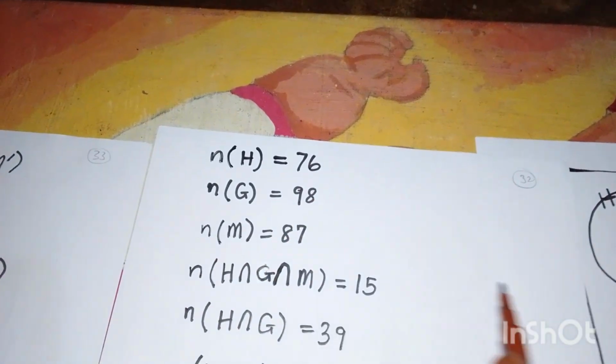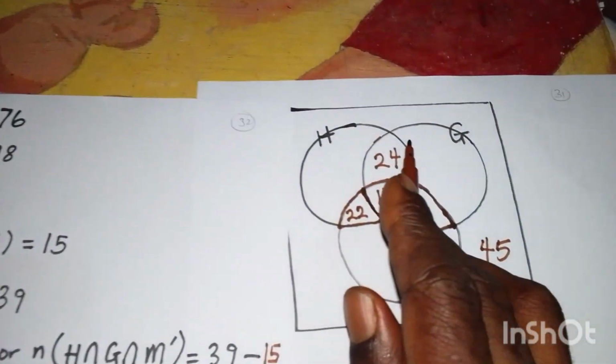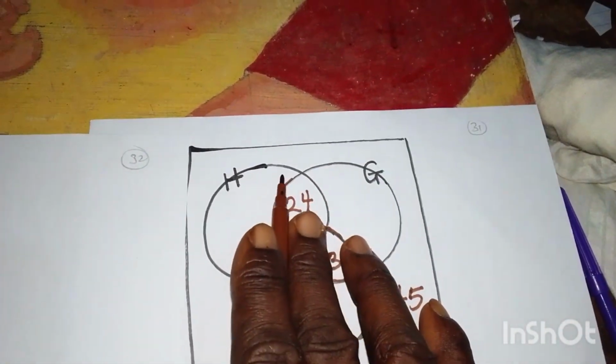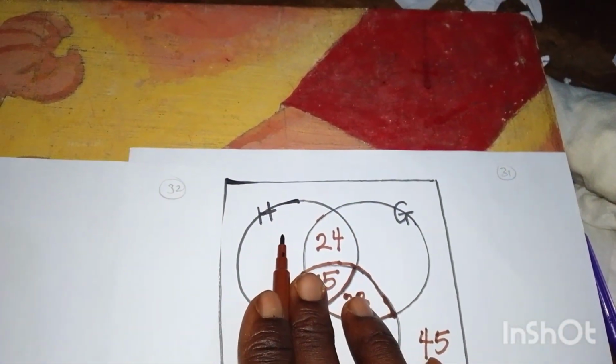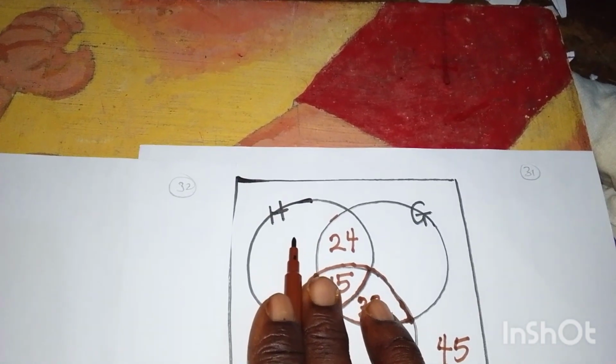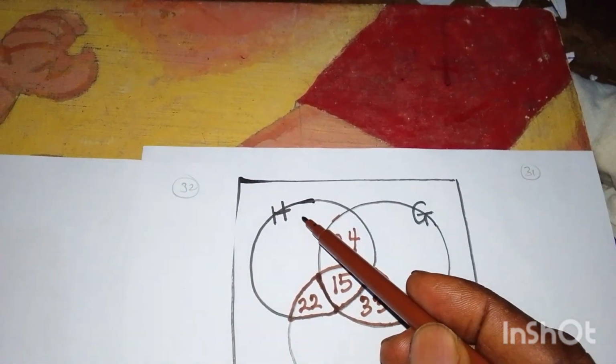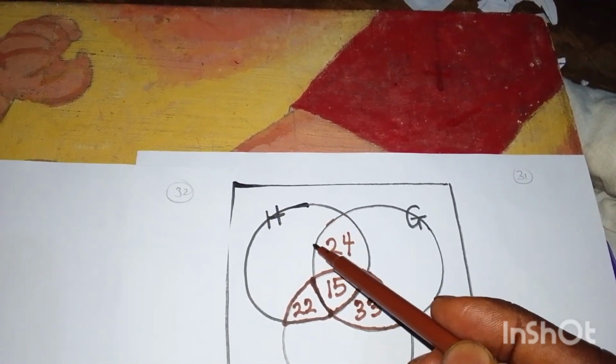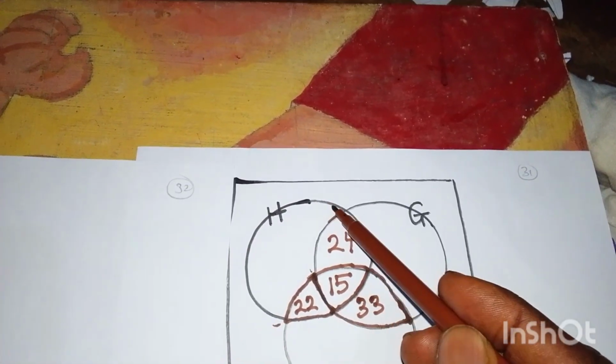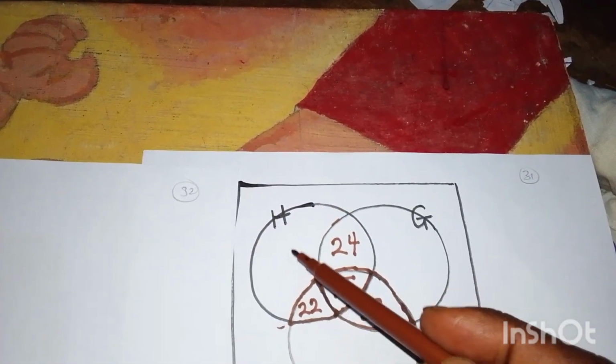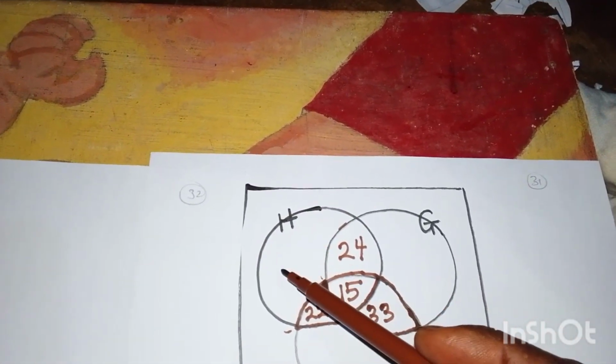So now let's start with history. In this circle for history, those that like history only will be in this remaining part of history. This place will be this one, those that like history only.